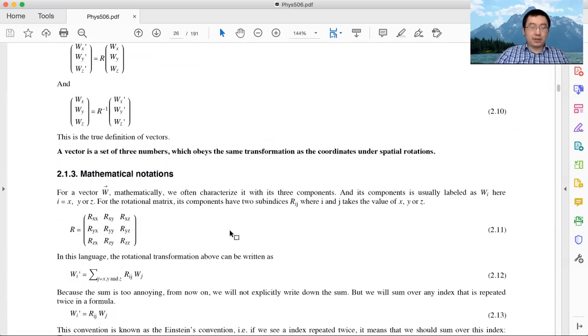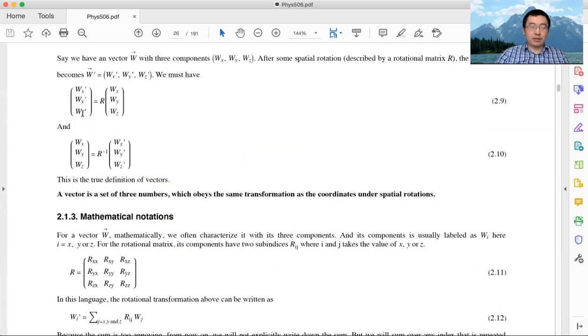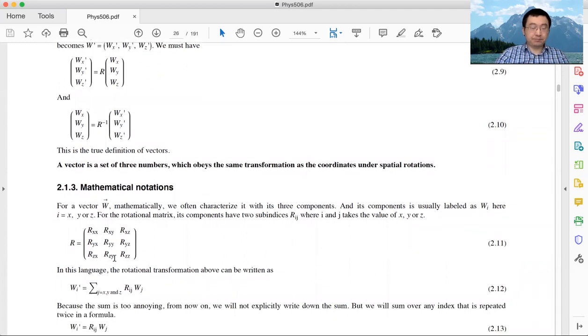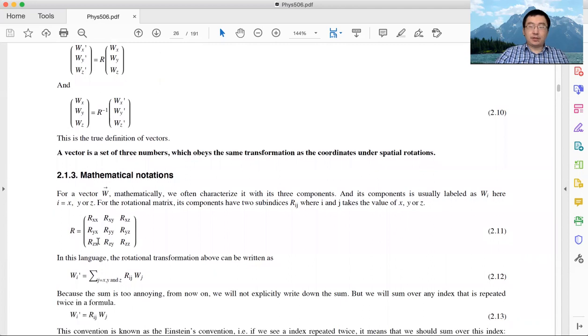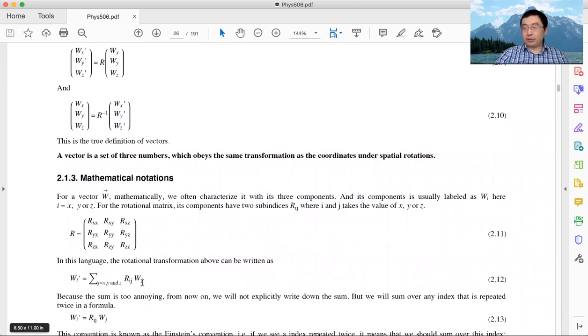Okay, so now let's do a little bit of math. We know that the 3D rotation can be written in this matrix structure. For any vector, it should rotate this way. And this R, this rotational matrix, is a 3 by 3 matrix, as we showed earlier. We can rewrite this matrix formula into its component formula.